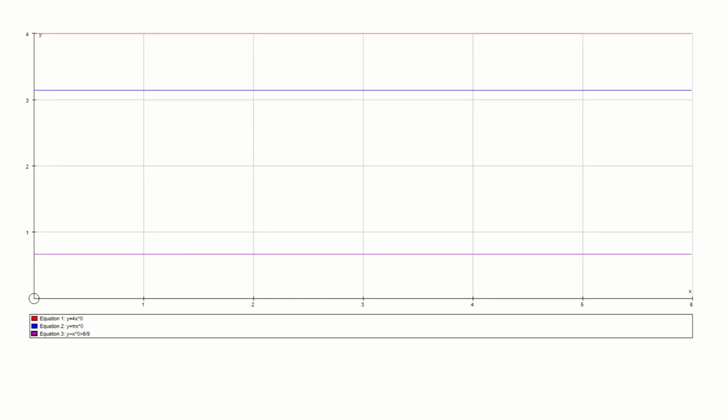The other possible order is this. In each of these I've done y equals 4x to the power of 0, y equals pi x to the power of 0, and y equals x to the power of 0 multiplied by 6 over 9. In each of these cases, whatever function I've applied to x to the power of 0, all of these lines are horizontal.